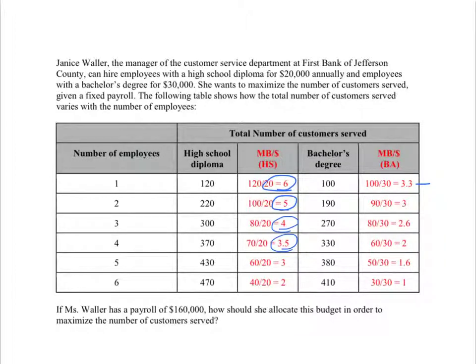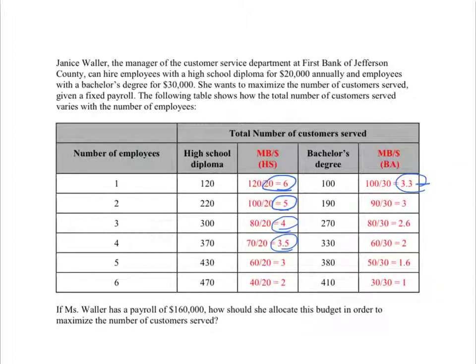Now we compare the fifth high school employee with the first bachelor's degree employee. What should we do? Well, we should spend the next dollar on this first bachelor's degree. Okay, so notice we go from 6, 5, 4, 3.5 to 3.3. Now we have sort of an interesting situation.